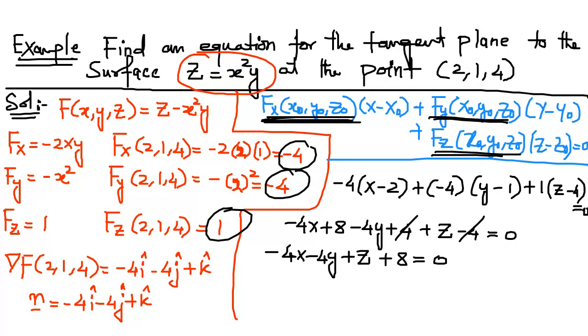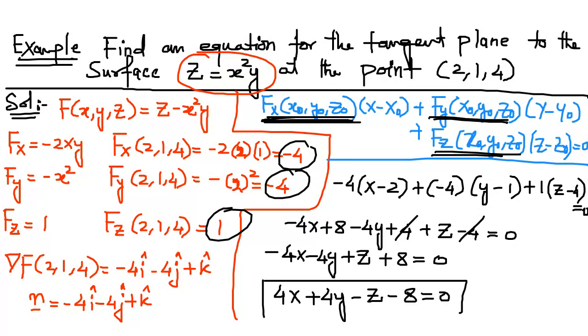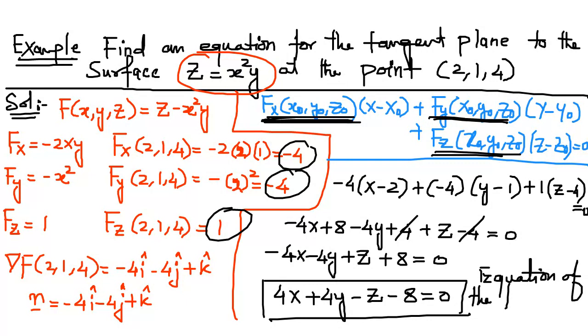You can also write negative sign, you can common, 4x plus 4y minus z minus 8 is equal to 0. Okay, so this is the equation of the tangent plane. Okay, is this clear?